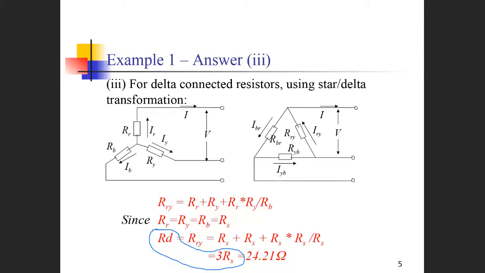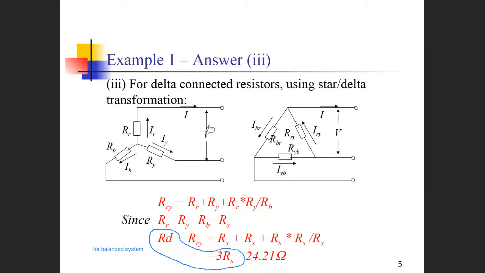For balanced systems, the delta equivalent per phase values equal 3 times the star per phase values.